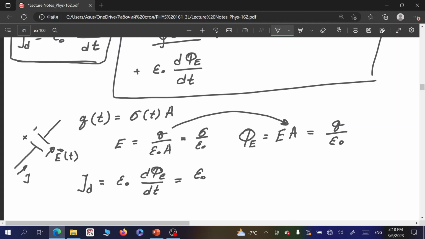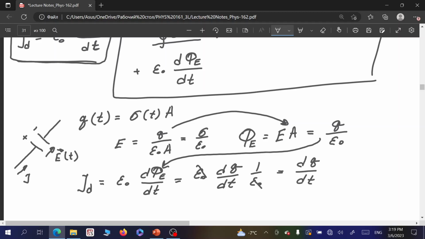Epsilon naught times dQ over dt times 1 over epsilon naught. We just substitute the expression for Φe here in the derivative. And we cancel out this epsilon naught. We end up with dQ over dt.